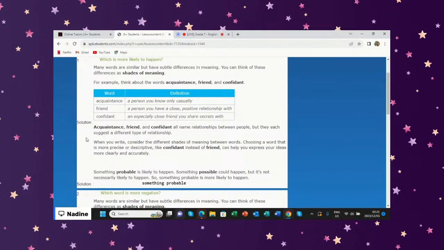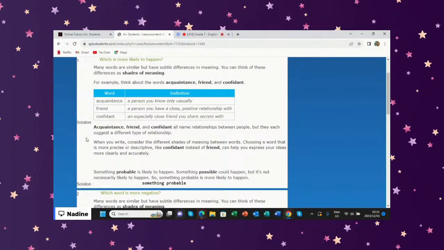So basically, when you write, you need to consider the different shades of meaning between the words, right? So if you want to describe someone, especially based on these three words, then you need to be precise. You need to be descriptive, right?